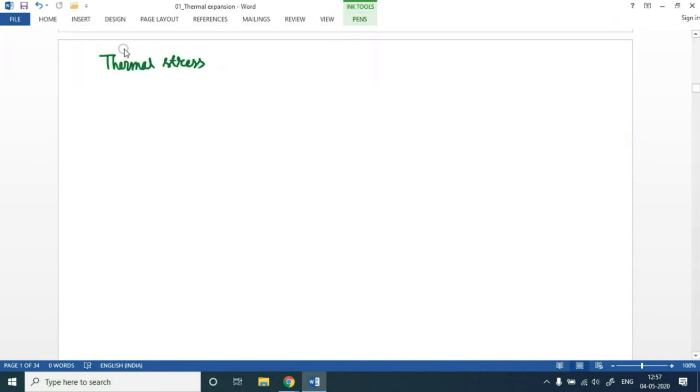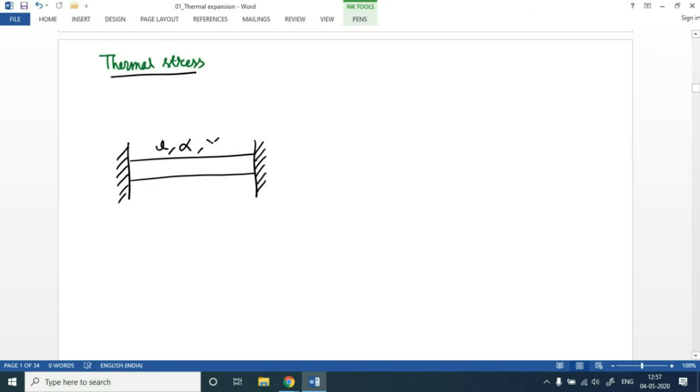So imagine we have a rod which is fixed between two rigid ends, rigid walls, let's say, and let's say the length of this rod is L, the coefficient of linear expansion is alpha, and Young's modulus is Y over here, and let's say this is at theta degree Celsius. At theta degree Celsius this is a rod without any stress in it. There is no stress right now.